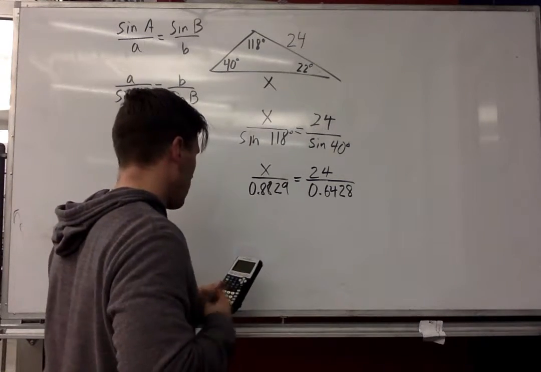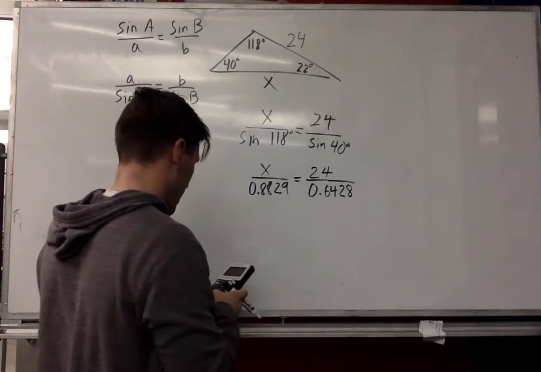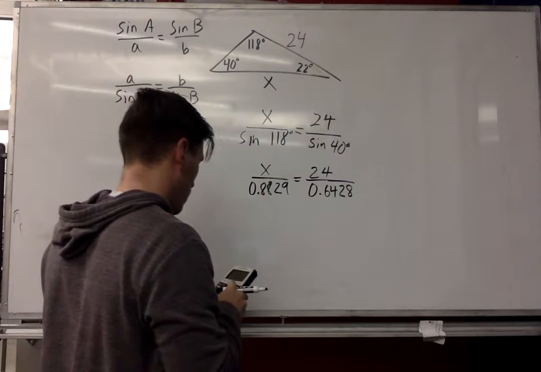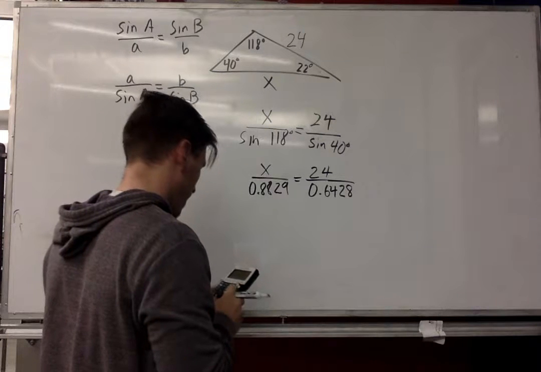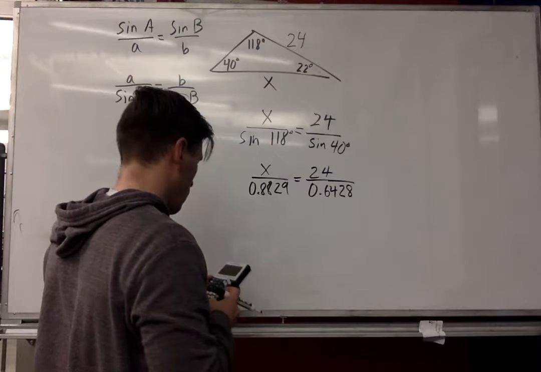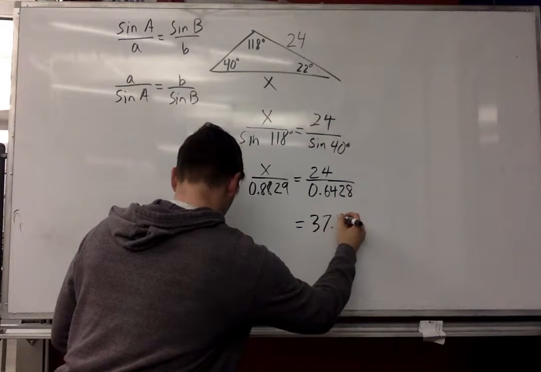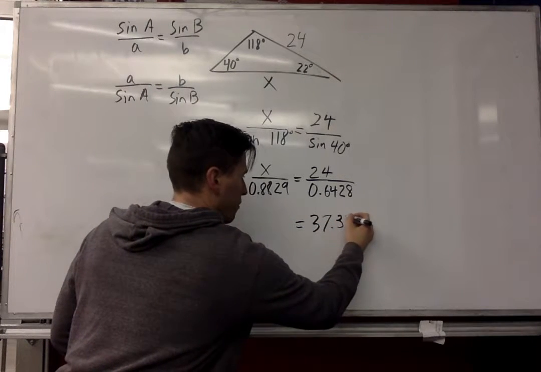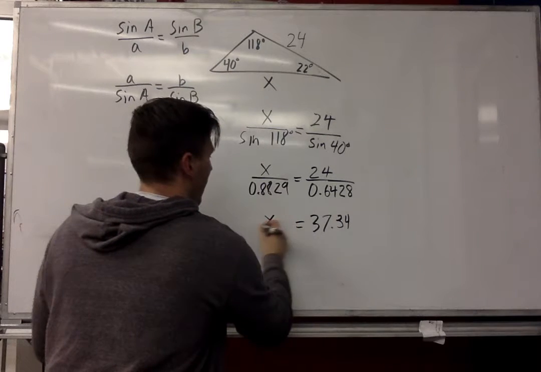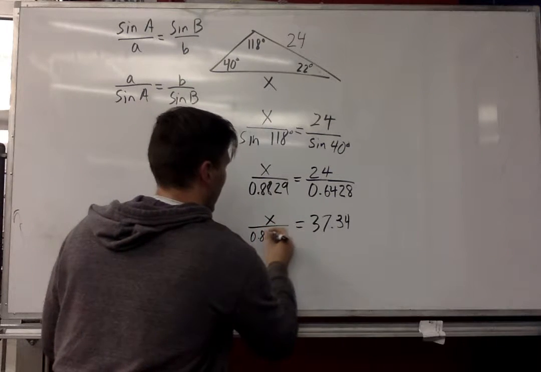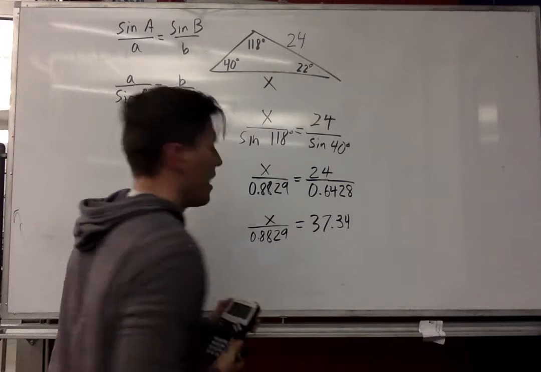So if I take the answer of this, 24 divided by that, 24 divided by the answer. Okay, so this right side becomes 37.34. X divided by 0.8829.